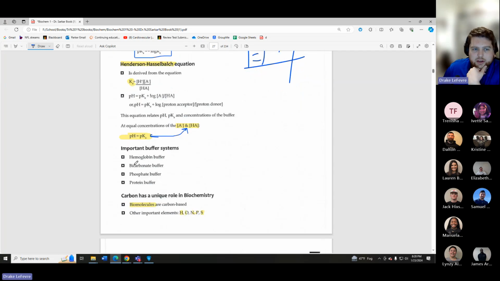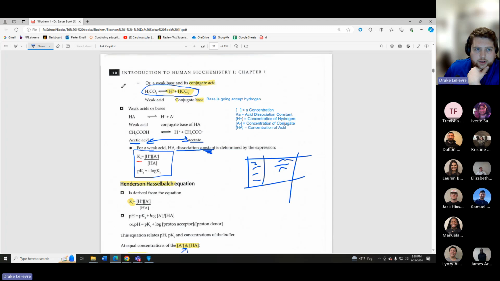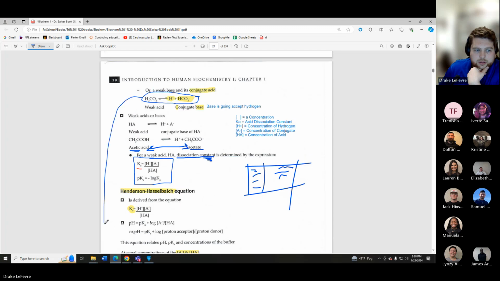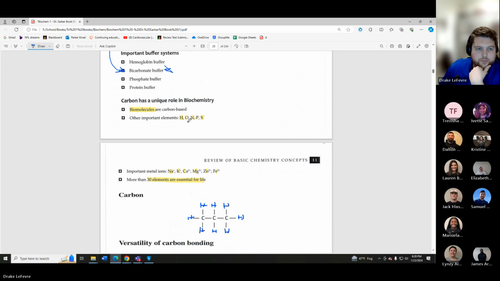Okay. Important buffer systems, bicarbonate buffer. This is the big one. We said this one up here. That's the bicarbonate buffer system. You'll get deeper into those in physiology, like Phys 1, Phys 2. You don't have to worry about that too much right now.